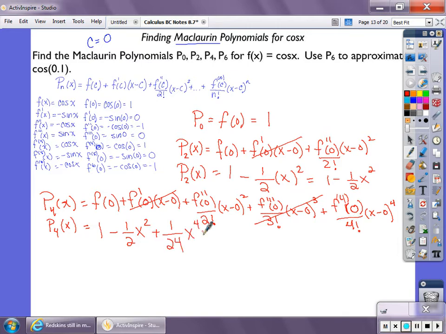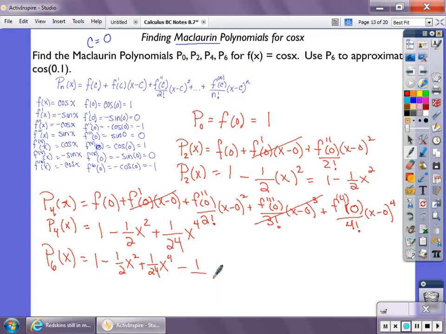And there we go. Now, I'm pretty sure just from the pattern we're developing here, we could probably figure out p sub 6, the 6th degree Maclaurin polynomial. That would be 1 minus 1/2 x squared plus 1/24 x to the fourth power. It's an alternating series here, so the sixth power is going to be negative.